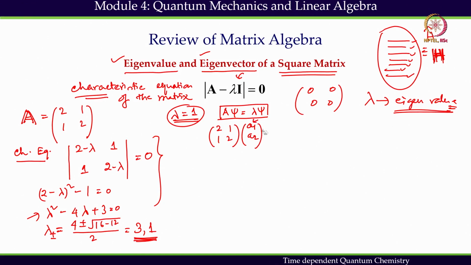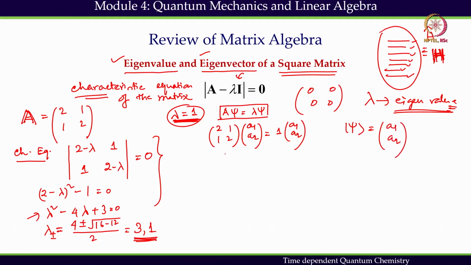So, these coefficients are with respect to a certain basis. Let us say the coefficients are A1 and A2, and lambda equals 1. So psi, the wave function associated with this particular eigenvalue, I am representing as a column matrix A1 A2.